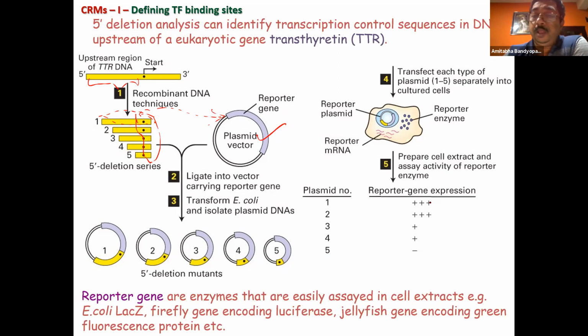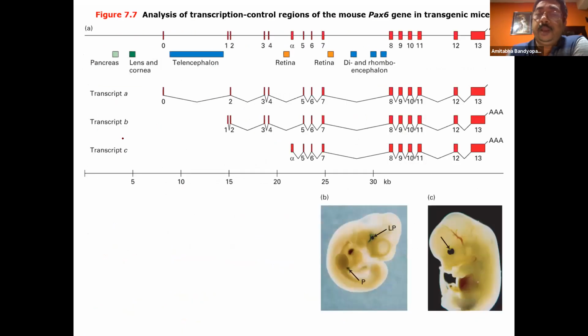If you see that the reporter gene is coming up with construct 1 or 2, and with 3 it is already gone, and with 4 and 5 it is completely gone, then you know that this part of the DNA is likely to be important for the enhancer activity. And you can do the same thing in animal system as well. I'll give you an example.